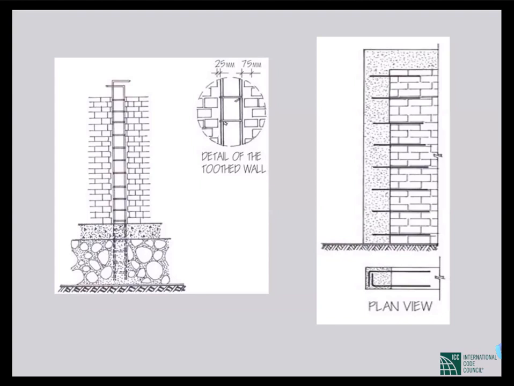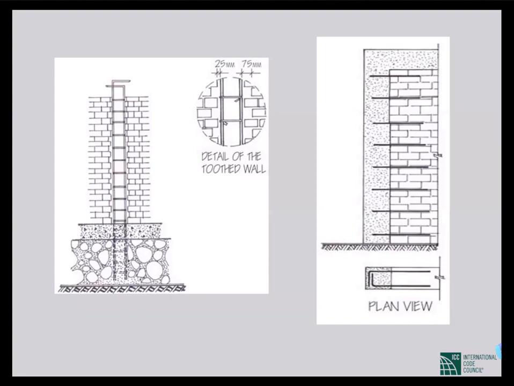So on both sides of the vertical confining element, we have toothing, and that gives anchorage or shear strength to the vertical confining element. So we pour concrete in between these two wall segments, and the toothing part actually holds the vertical confining member, that gives the confinement through this type of toothing.